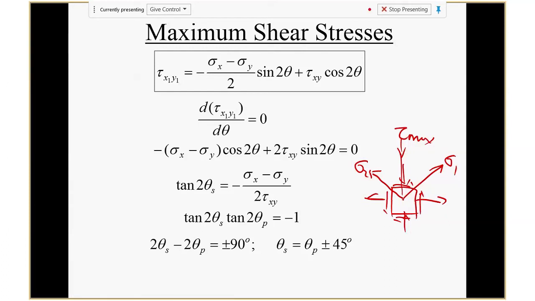Now, what about this direction, 90 degrees from the tau maximum direction? What's the shear stress there? Let's say if I draw an element this way, so this is the tau maximum. If I draw an element somewhere here this way, what's the tau here?